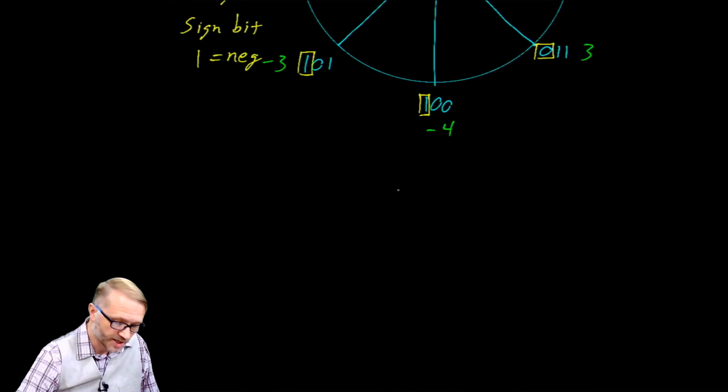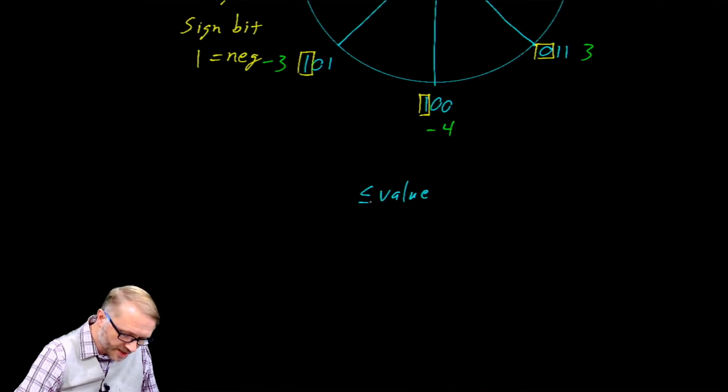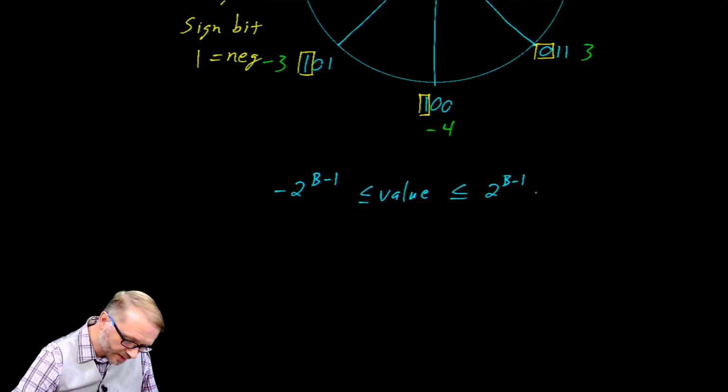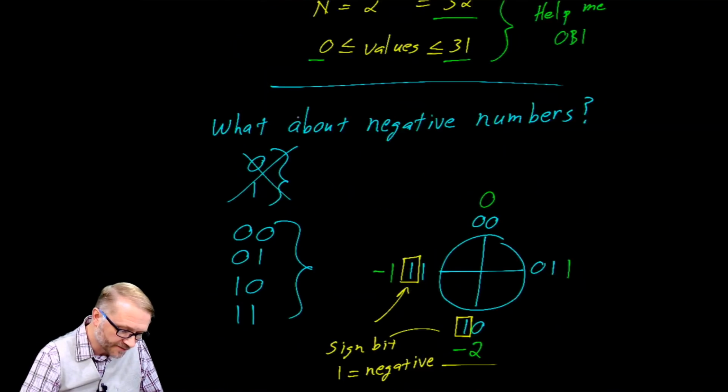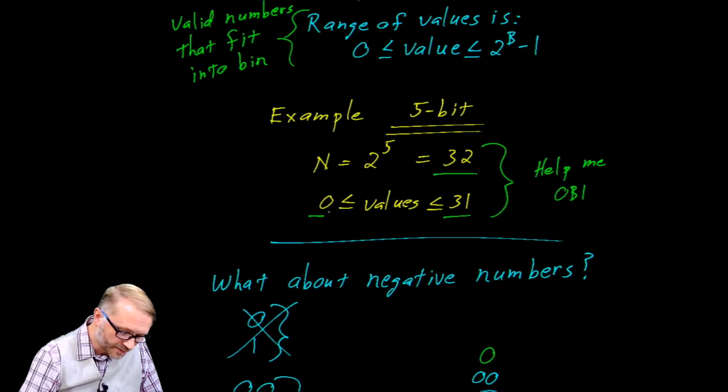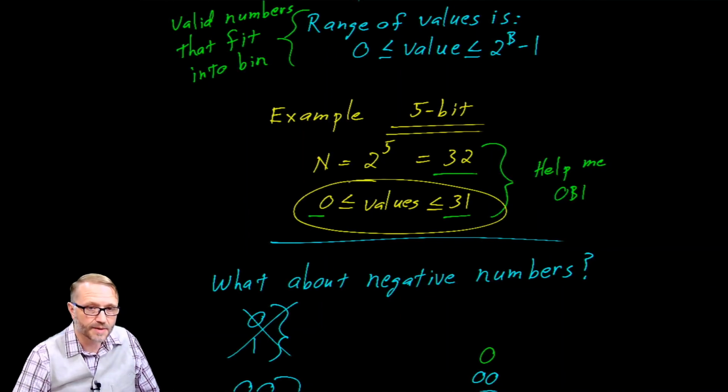If we were to make a general statement, we would say the value of our numbers will be greater than or equal to negative 2 to the b minus 1, but less than or equal to 2 to the b minus 1, now we drop down, minus 1. In the previous example, we looked at a 5-bit system, and we saw that it took on values from 0 to 31.